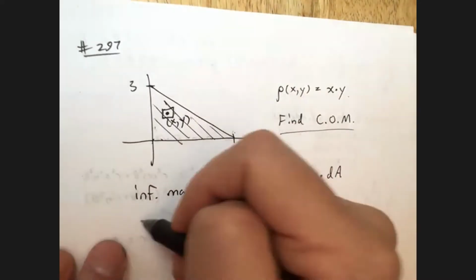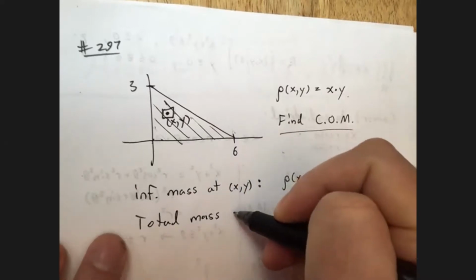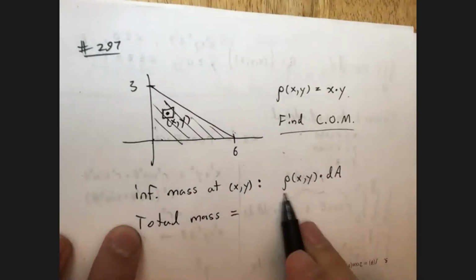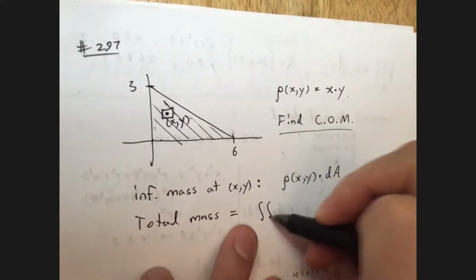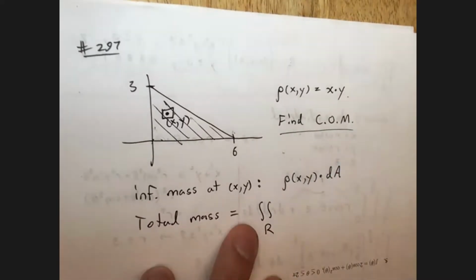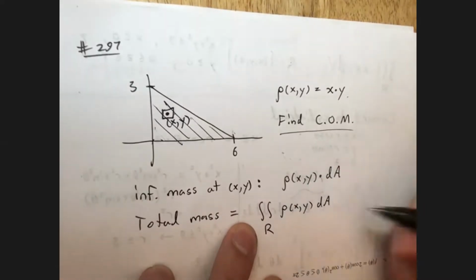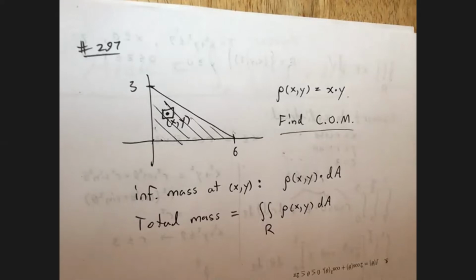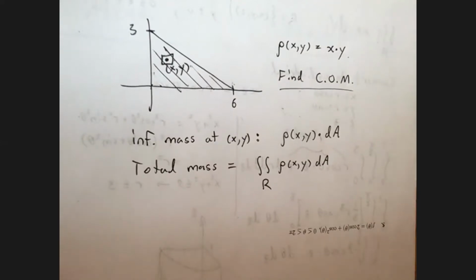And so the total mass is going to be given by integrating all these. You just add up all the infinitesimal masses. Well, that's going to be the double integral over that region of rho of (x, y) dA. That's how you get the total mass, the same formula as before. We're just doing a double integral with respect to dA instead of a single integral with respect to dx.